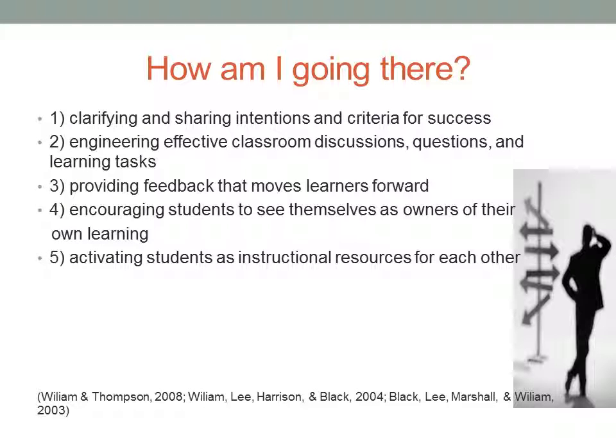The second feedback question, how am I going there? This question stresses the importance of progress feedback. Hattie defines progress feedback as feedback relative to the starting or finish point, and it is expressed in relation to an expected standard. For example, this is where a teacher can give a student feedback on how much progress they have or have not made toward a particular academic goal that the student has set for themselves.